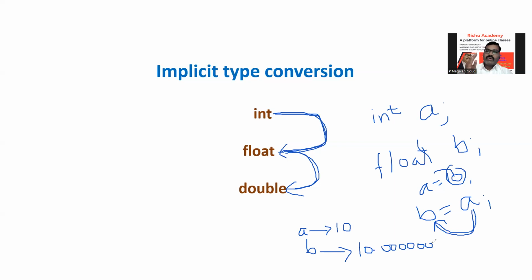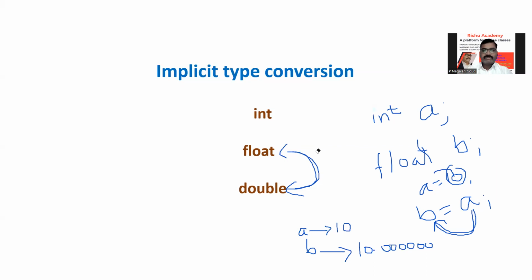That is, the lower level variable is converted into higher level variable, higher position. Lower data type converted into higher level data type. So it is called promotion. So implicit conversion is the process of converting lower type into higher type. There is a gain of additional data, and because of that reason we call it promotion. This is one type of type conversion.